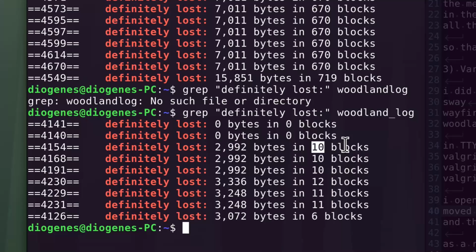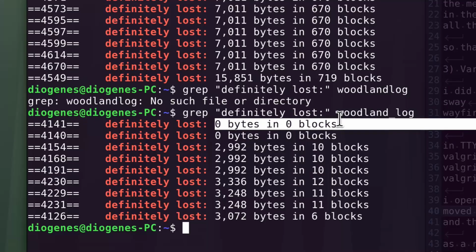The blocks are slightly larger. The amount of bytes lost is almost the same, but unlike the previous compositors, I managed to also have 0 bytes and 0 blocks of definitely lost, which means it cleaned the resources 100%, no leftovers.